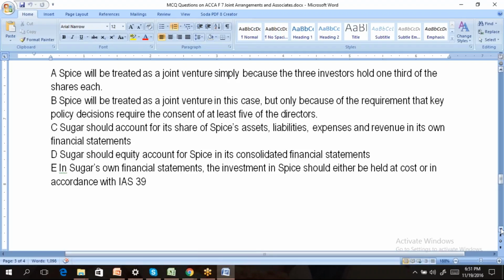They are not talking about the consolidated financial statements, they are talking about Sugar's own financial statements. In its own statements, the investment should be shown at cost or in accordance with IAS 39, which deals with available for sale and that kind of thing. In the consolidated statements it is the equity method, but in its own statements it will be just an investment held at cost or in accordance with IAS 39.